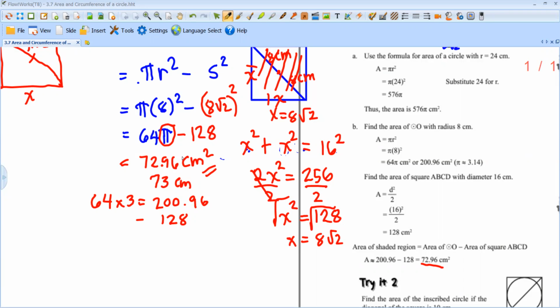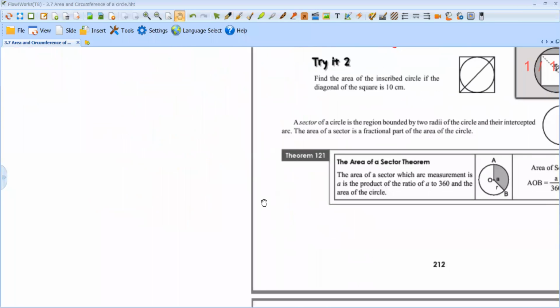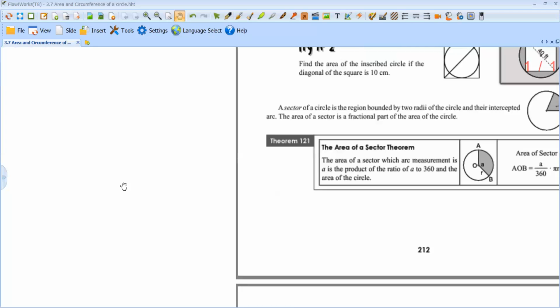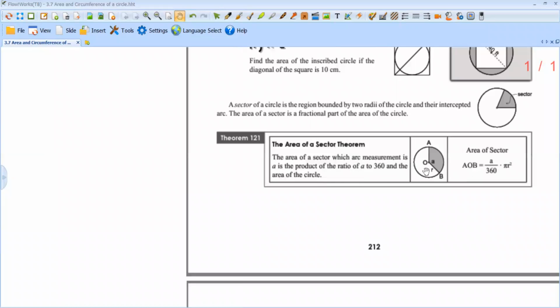Question. Question on this question. Question in example 3. You have a question? So let's go to theorem 1-1. Okay. The area of a sector theorem.